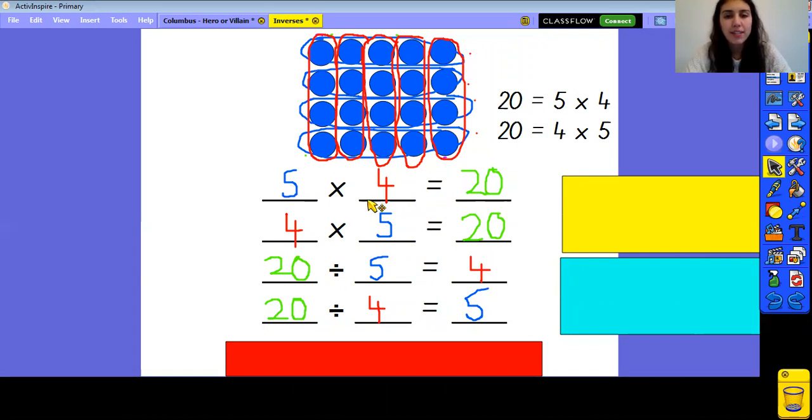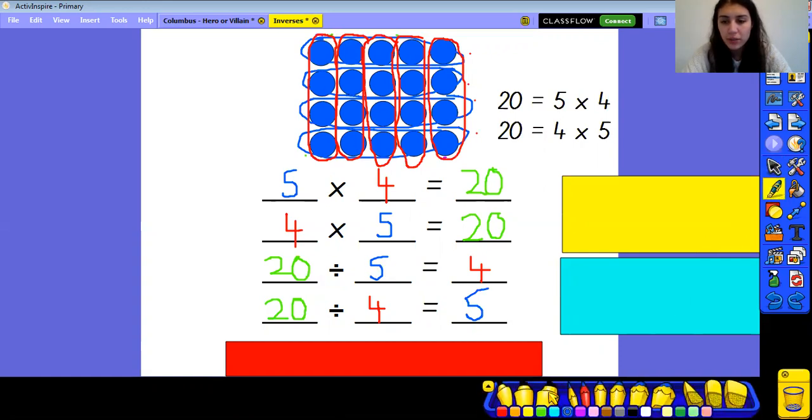But you will notice that for each one of our multiplication equations, the commutativity means that our 2 factors can go in any order. Now, division is not commutative, because for division to be commutative, it's these 2 numbers here. I'll just highlight those. It's these 2 numbers here that would need to be switched around.